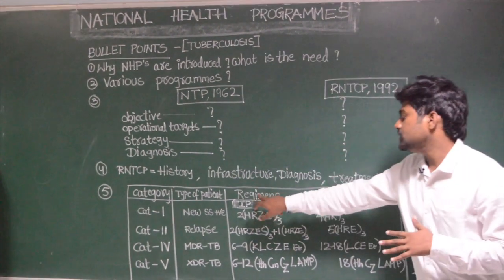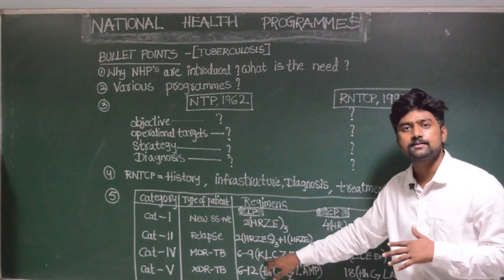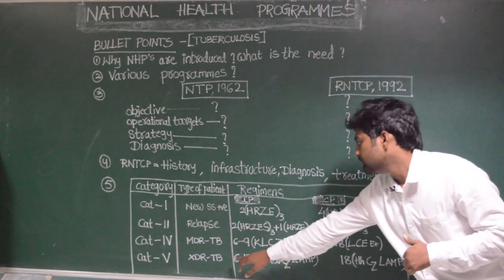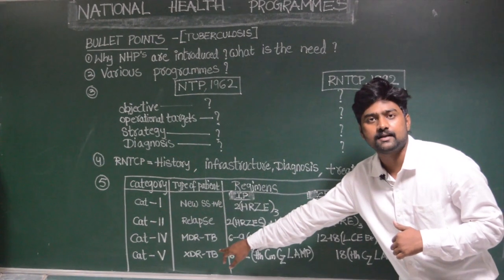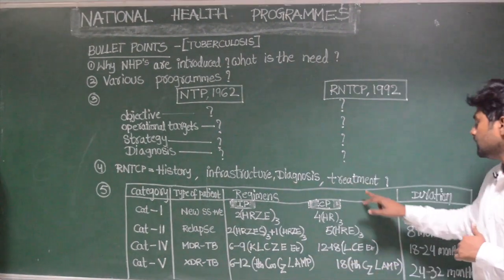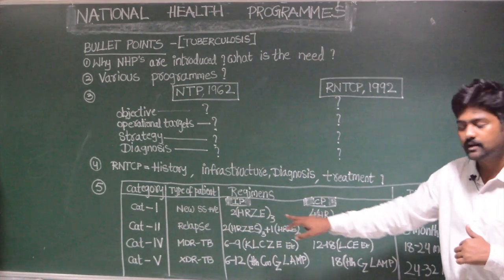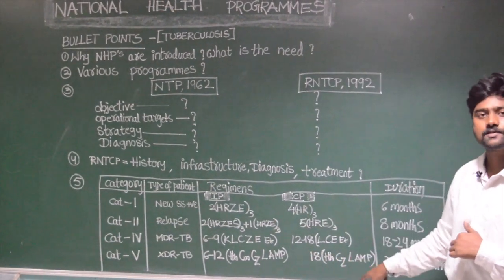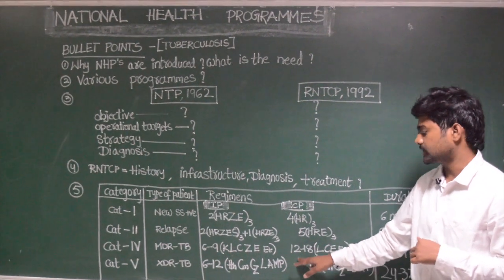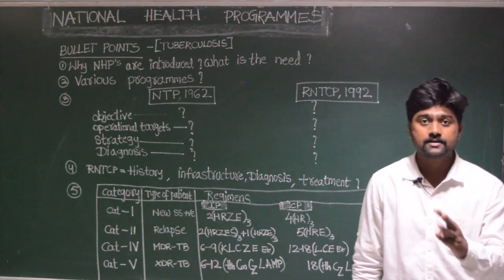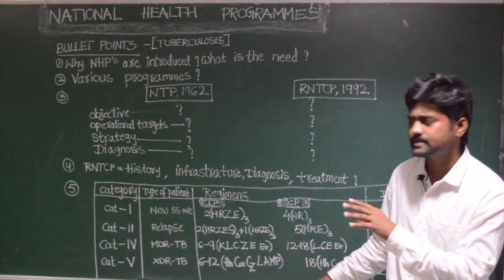The initial phase includes 6 to 9 months in case of MDR, 6 to 12 months in case of category 5 XDR. The continuation phase includes 12 to 18 months in case of MDR, 18 months in case of XDR. What are these drugs? Because these are other than isoniazid and rifampicin, just look at the drugs. It's very simple.